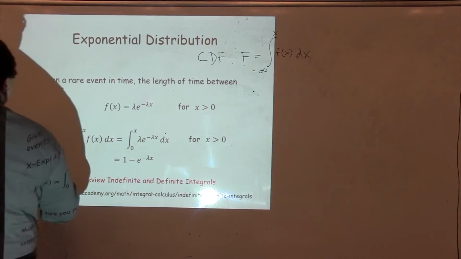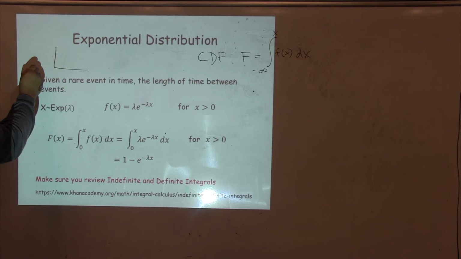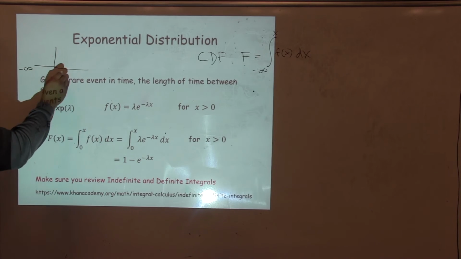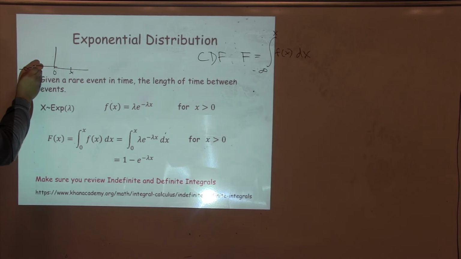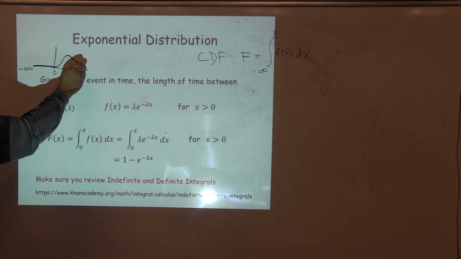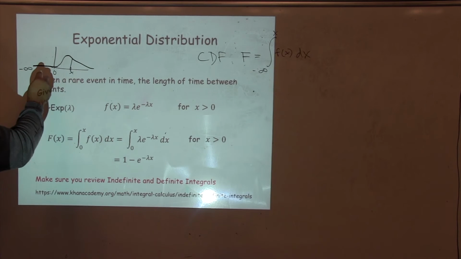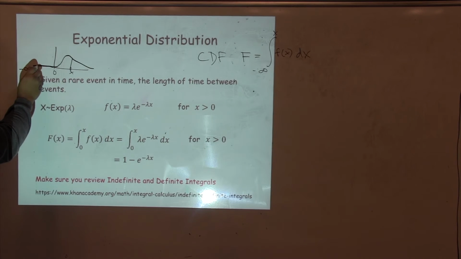So that means if we were to plot a graph of the exponential distribution, this is minus infinity, this is x, and this is 0, well, it's going to be 0 until it's just past x equals 0.